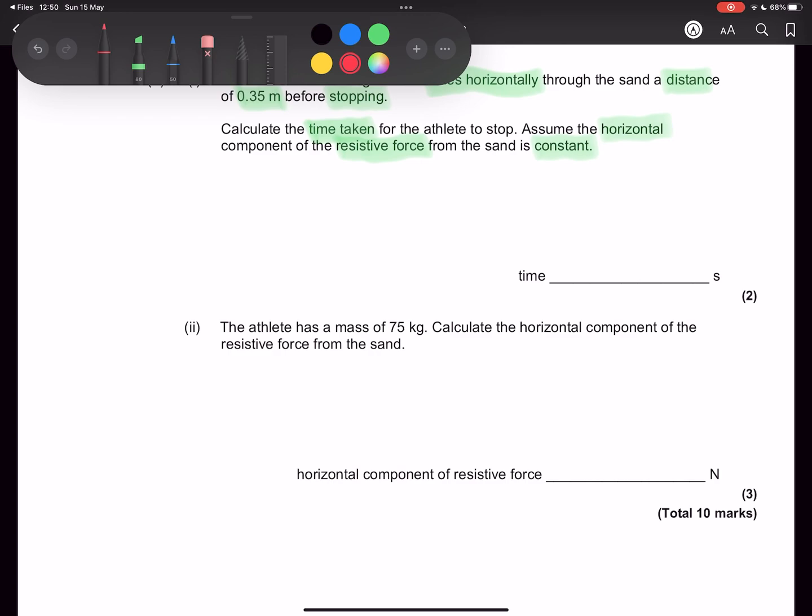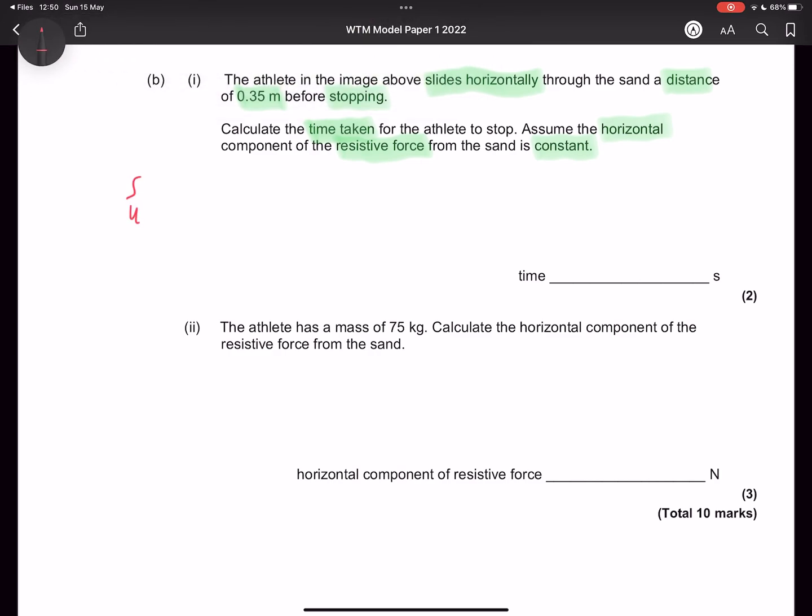So as that's the case, let's write down our suvat. It is simply horizontal in this case because there's no vertical change. So we have our distance of 0.35, and beyond that, we have to think carefully. We know that the final velocity is going to be 0, but we're not told in this question what the starting velocity is.